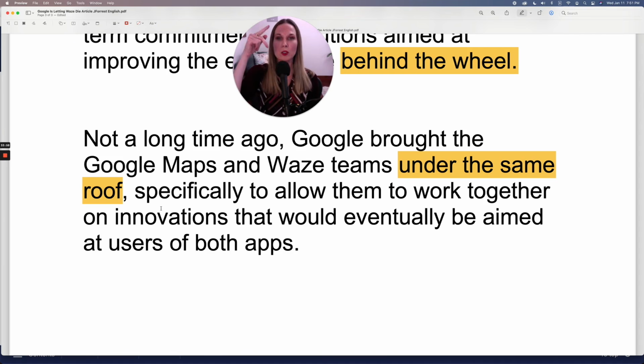So the ceiling is what you see from the inside, but from the outside, you see the roofs. So under the same roof means on the same team, basically. The teams were working perhaps at separate locations, and now if they're under the same roof, it means they're in one location. So that could be a useful expression as well.